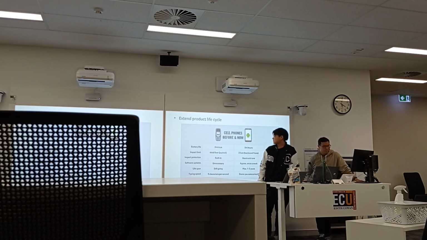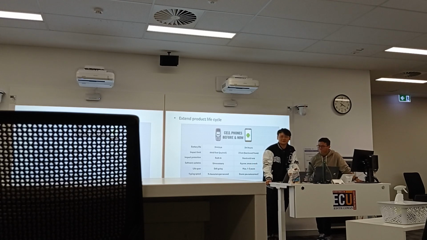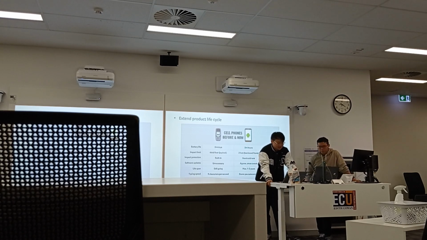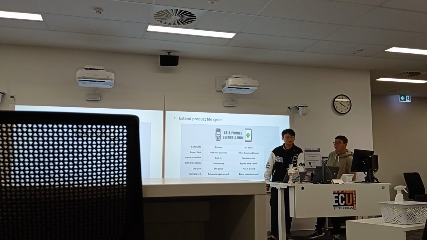The Nokia battery can last 3 or 4 days, but smartphones only last 3 or 4 hours. We always need to find a battery to charge it. And in terms of lifespan, the Nokia can still keep going.